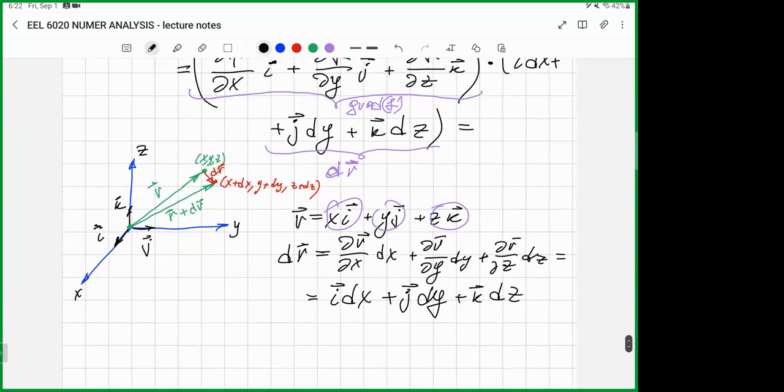So we got exactly this formula here, the second parenthesis.